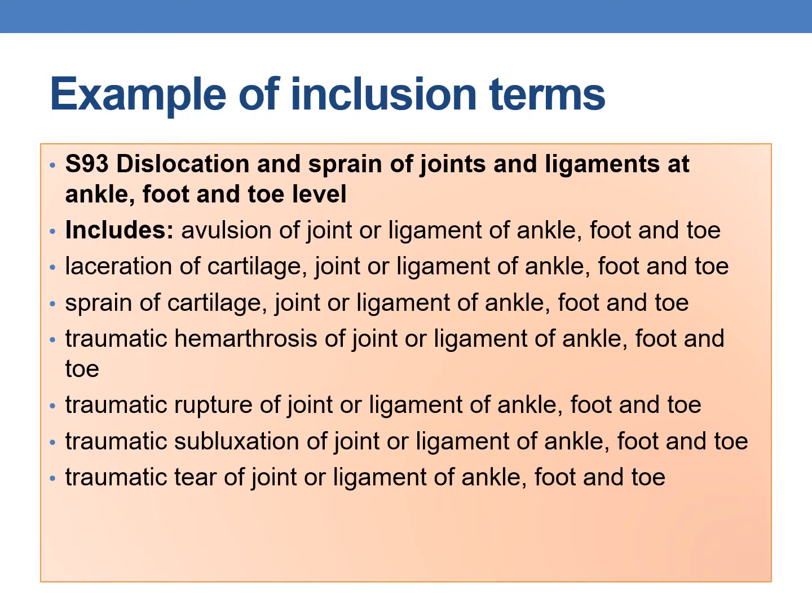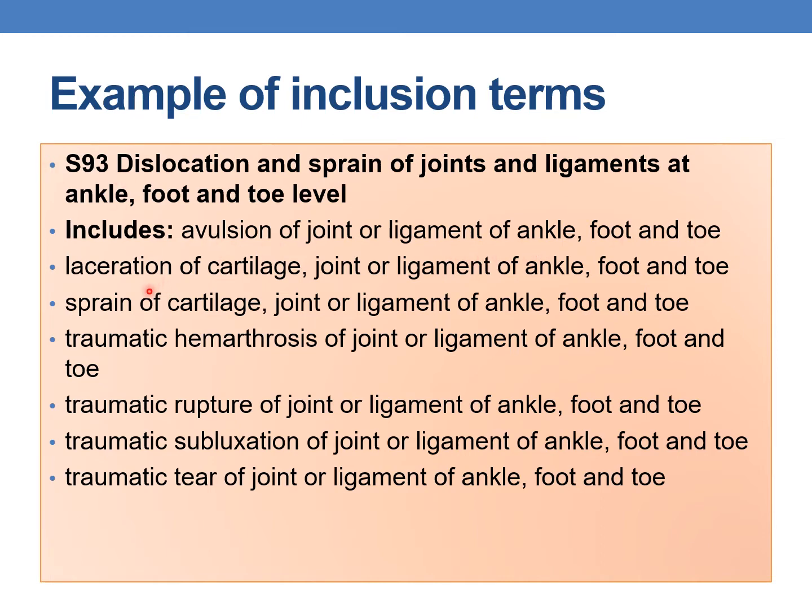Examples of inclusion terms are under the S93 category, which is dislocation and sprain of joints and ligaments at ankle, foot and toe level. This code includes avulsion of joint or ligament. Whenever the physician documents avulsion of joint or ligament of ankle, foot or toe, you need to code S93.